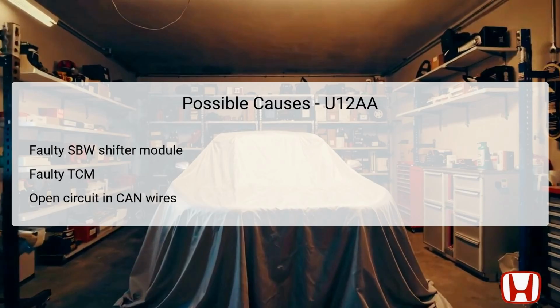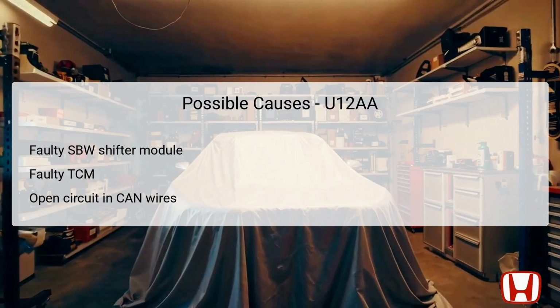A faulty SBW shifter control module could be defective or malfunctioning, resulting in the failure to communicate with the TCM. Additionally, a malfunctioning TCM could also fail to process the inputs correctly, further complicating the situation.